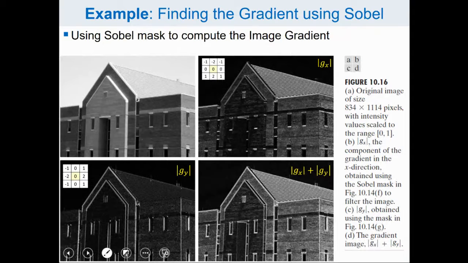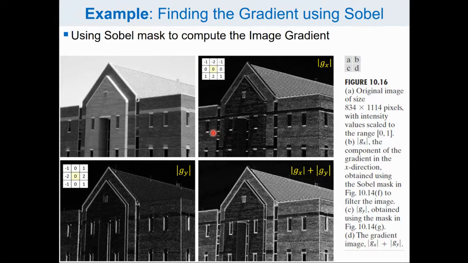Let's just look at some examples of finding the gradient image using the Sobel as the gx and the gy. If this is my original image and I'm applying the gx, I'm going to just use the absolute value of gx because I don't care if it's negative or positive. I just care whether there is an edge point or not. So that's going to be gx. As you see here, it's very clear that we find the horizontal edges.